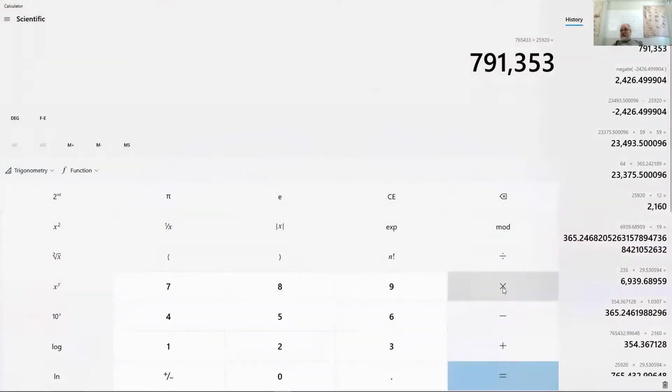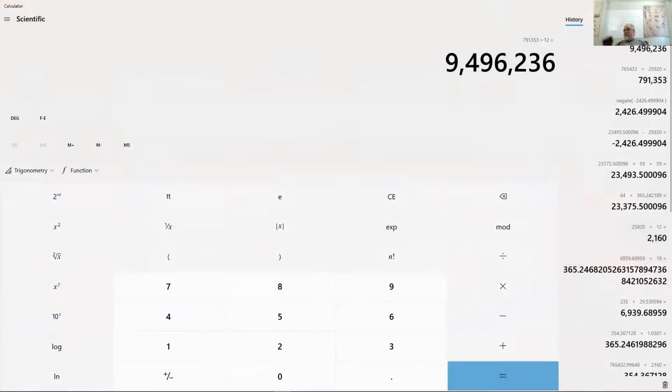And now I'm going to multiply this by 12. Why did I multiply it by 12? Number of months. Okay. Is this the number of days in the great year? So the number of days in the great year. Okay.